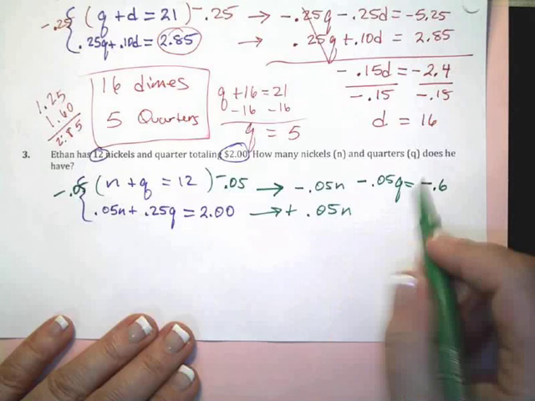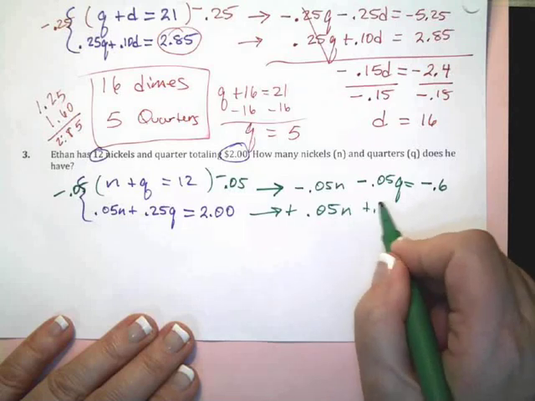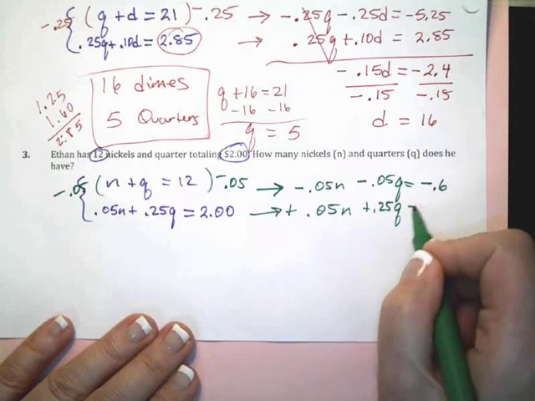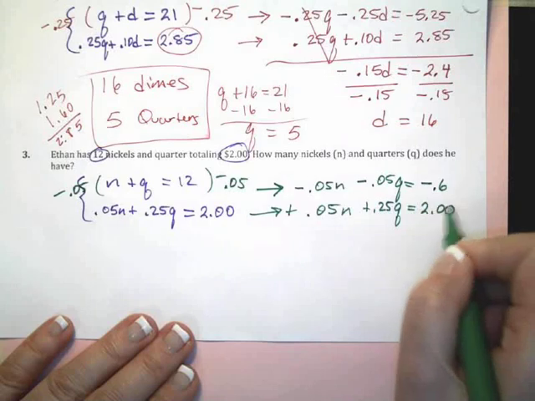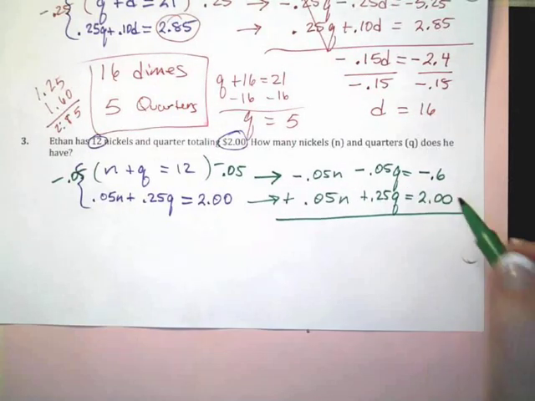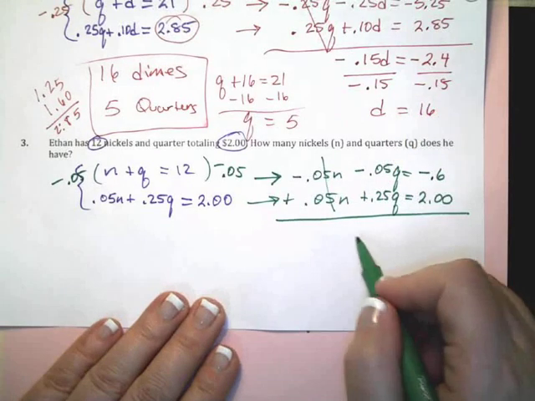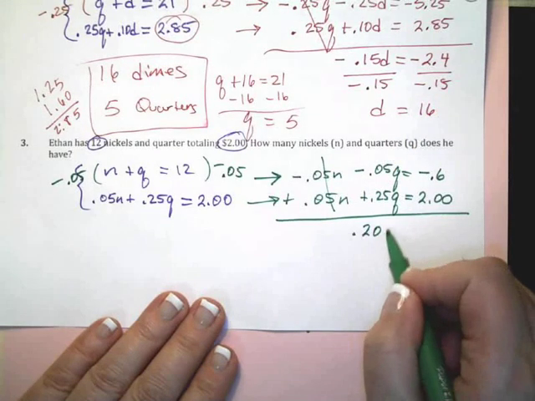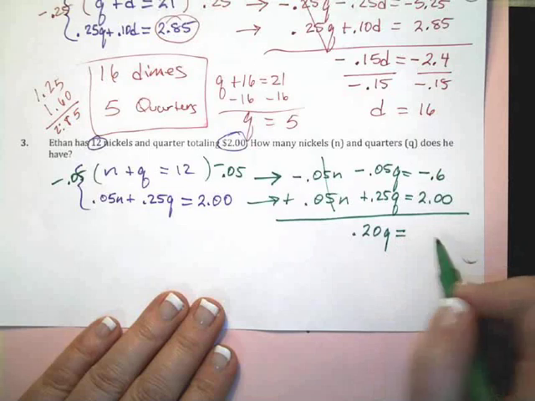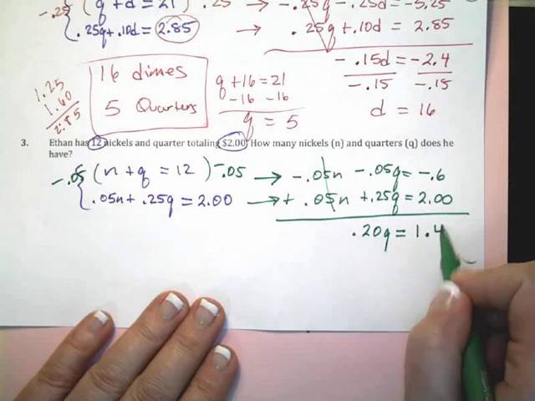I'm keeping the bottom equation the same. Adding these two equations together so that the n's drop out, we're left with 0.20q is equal to 1.4.